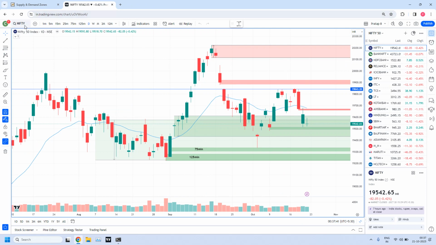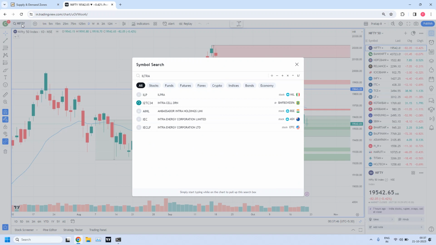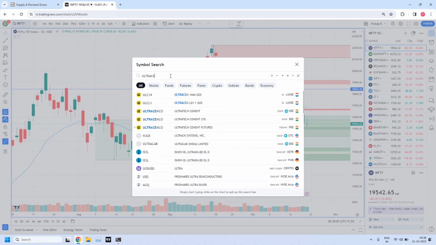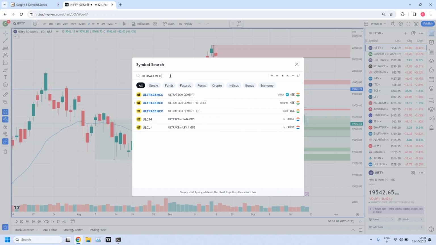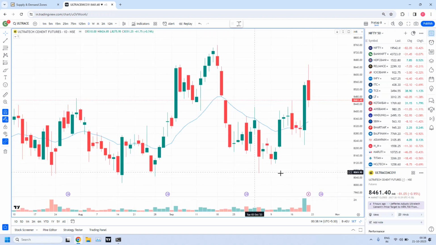Let me open the futures chart. It has better clarity on the trade setup. Anyway, we are taking the trades in the futures, right?